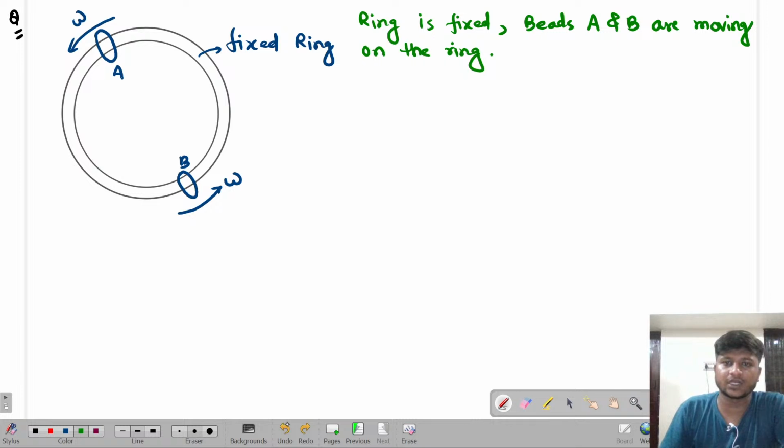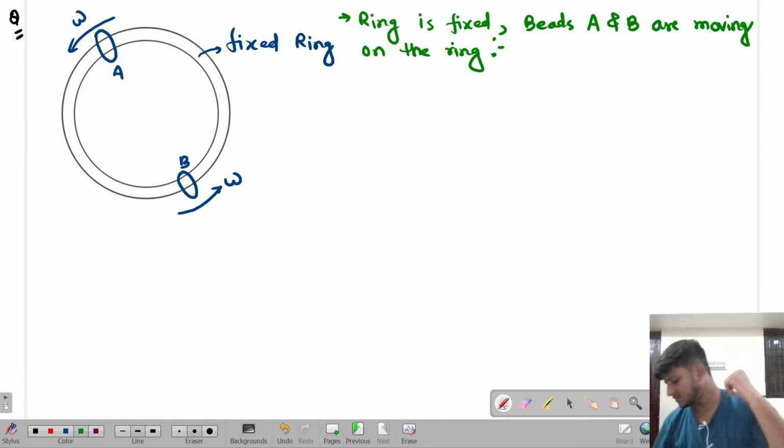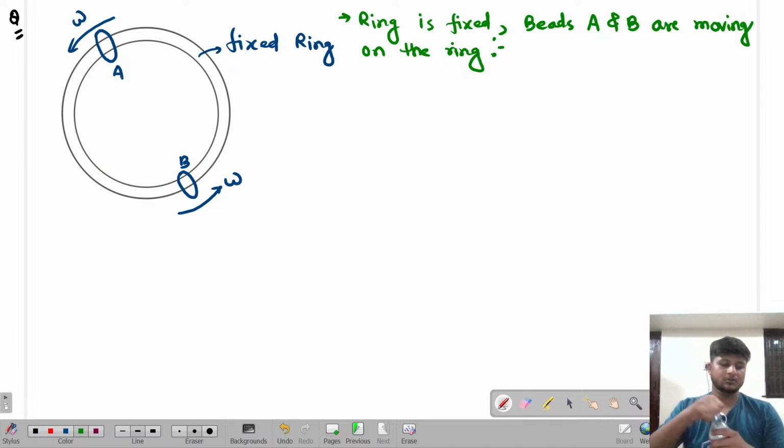So the question arises that out of all these, which one will I consider as a rigid body and which will I not consider as a rigid body? Tell me. Which kind of system is a rigid body and which kind of system is not a rigid body?